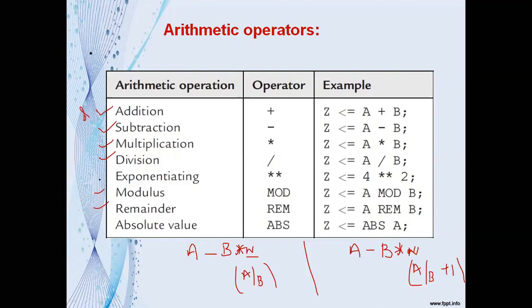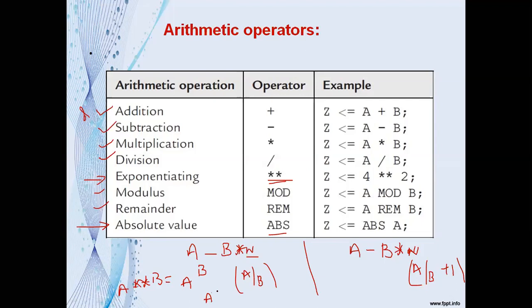The miscellaneous operations are the exponential value and the absolute value. The exponential operator is represented with a double star, and the absolute value with the operator ABS. For example, A double star B means A power B.